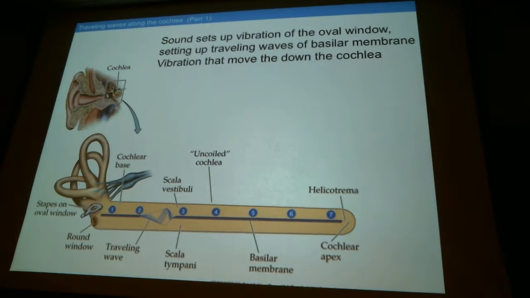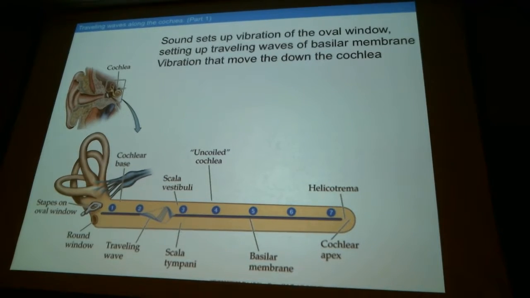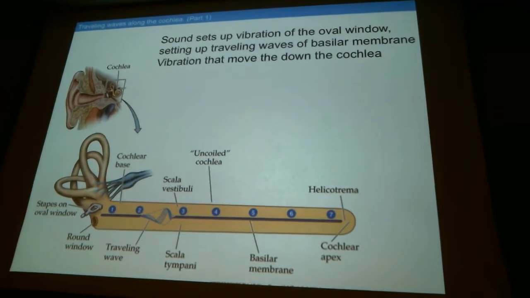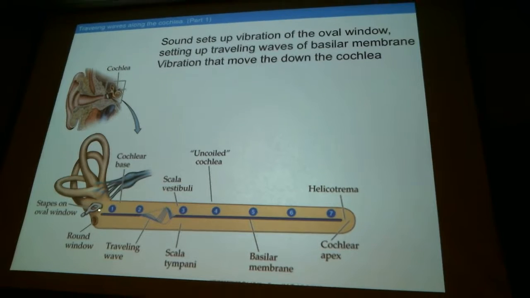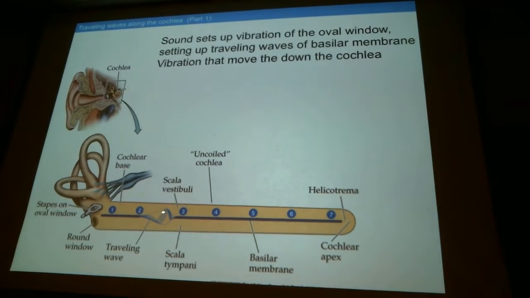So you need both the oval window, where you're applying vibrations, and the round window, which is relatively flexible, that allows further vibration, because otherwise you'd have an incompressible system. What happens is that these waves of pressure flow through this system, and the basilar membrane sits in between.